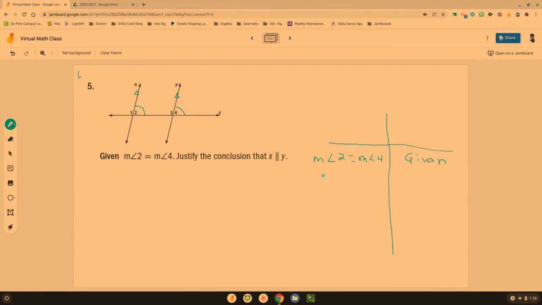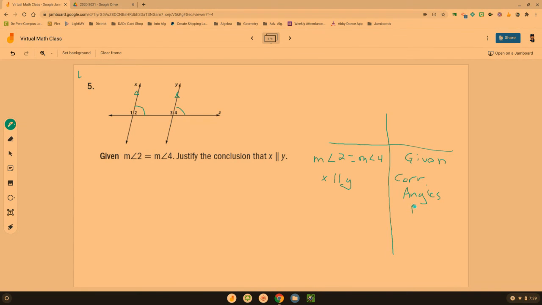So that means I can say line X is parallel to line Y because of the corresponding angles postulate. This was something we wrote down way back when we did this chapter.